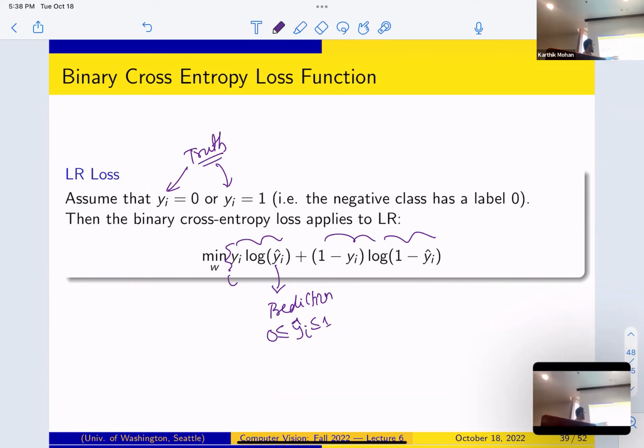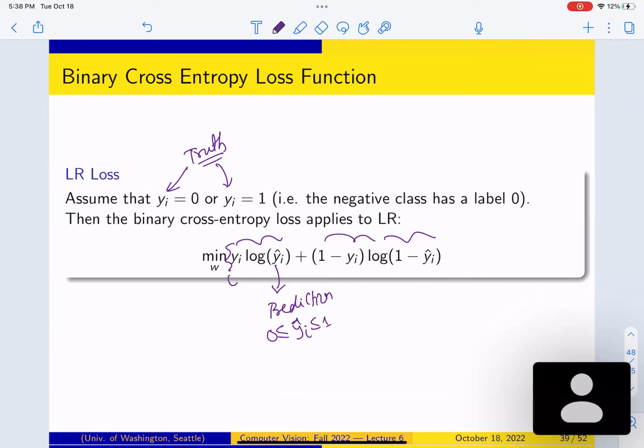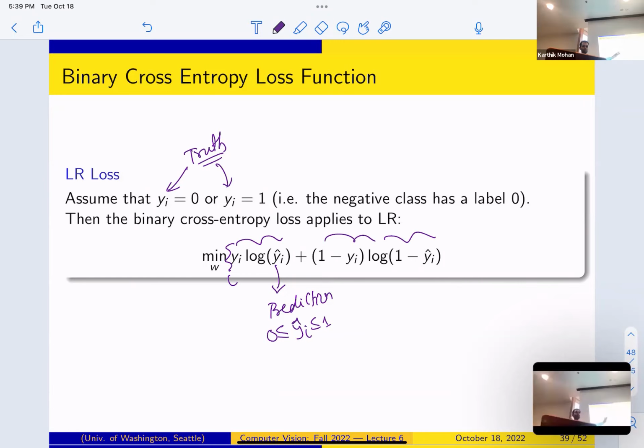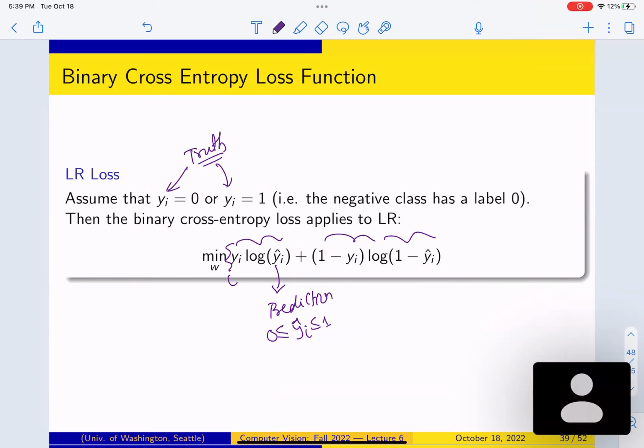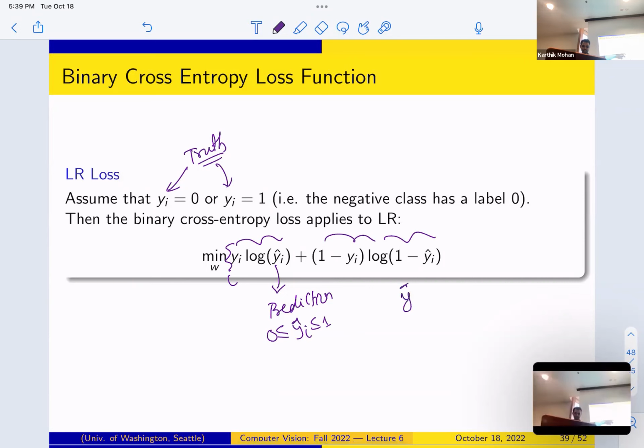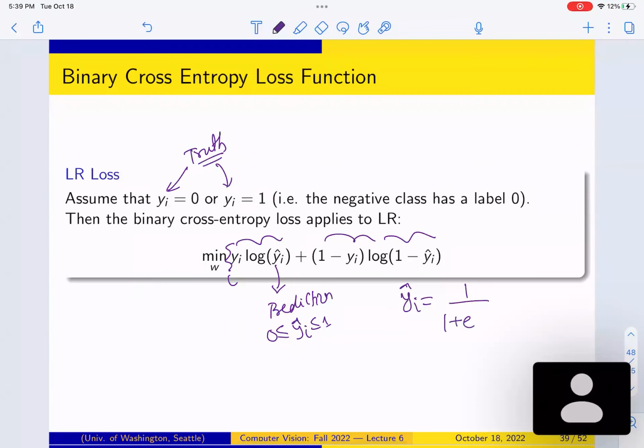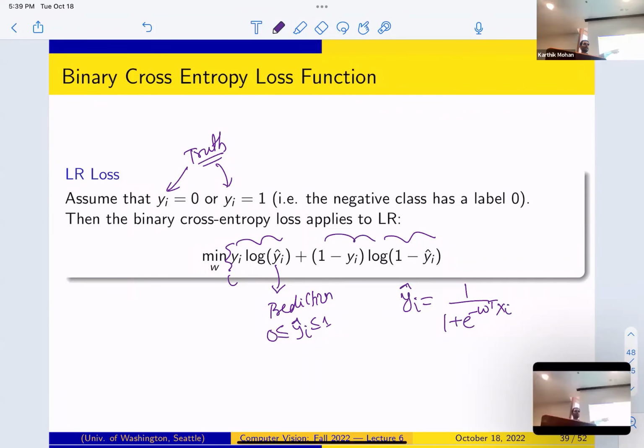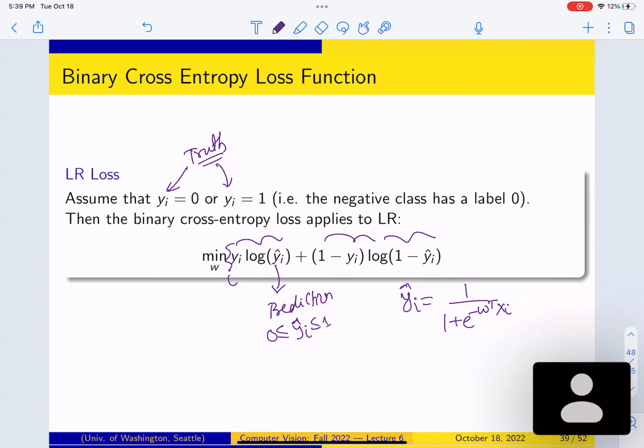So you're finding the W that minimizes the summation over all possible data points. Where is W coming in this picture? I don't see a W. Yeah, y hat i is 1 over 1 plus e to the negative W transpose x. So y hat is a function of W. So when you minimize this, you're optimizing for W inside.